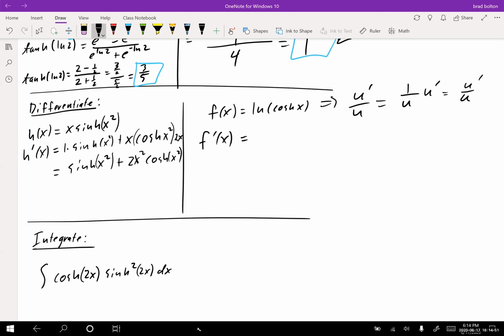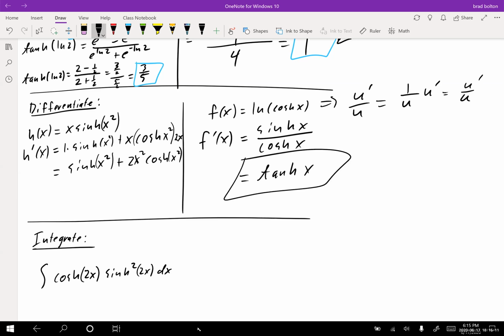So let's see, the derivative of cosh is sinh, right? Sinh x, hyperbolic sine, and then rewrite it. That's u prime over u. But we know that sinh of x over cosh of x is actually just tanh of x. Okay, so not so bad. Oops, should be using blue. Okay, so it's not terrible.